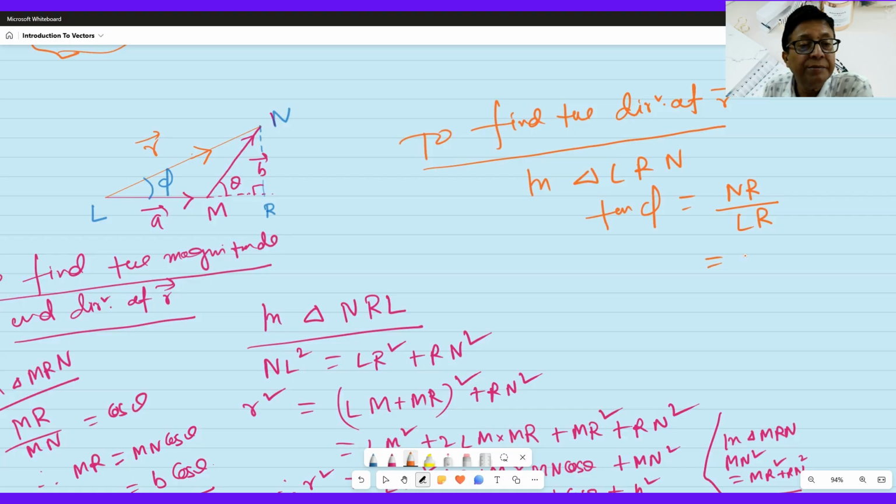What is NR? See, consider this triangle again. NR by MN equal to sin theta. Isn't it? So you write one more step. NR and this LR will be LM plus MR. Substitute there the value of NR.